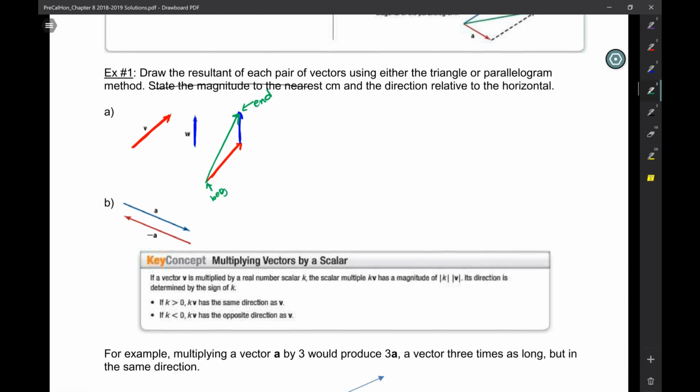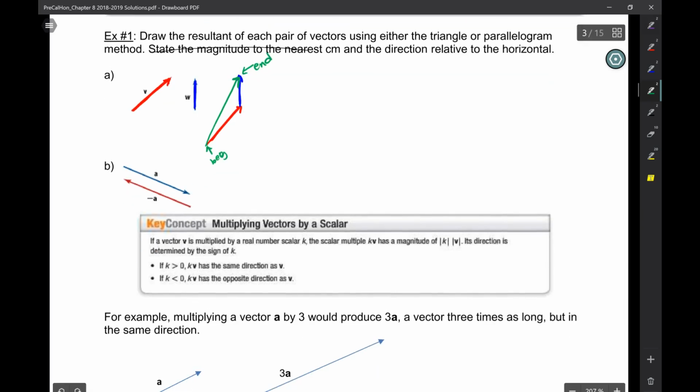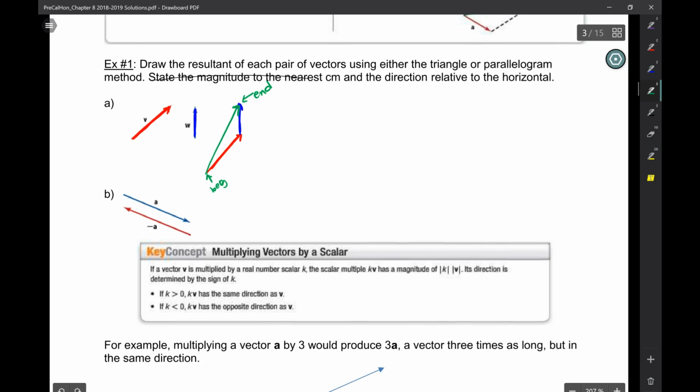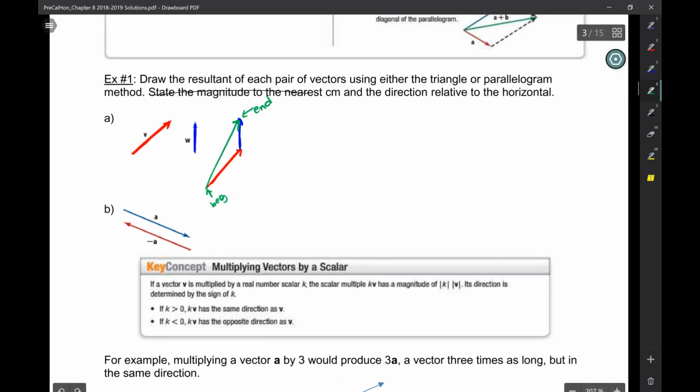Question? Yes, thank you. I forgot to say that. This one here is your resultant vector.